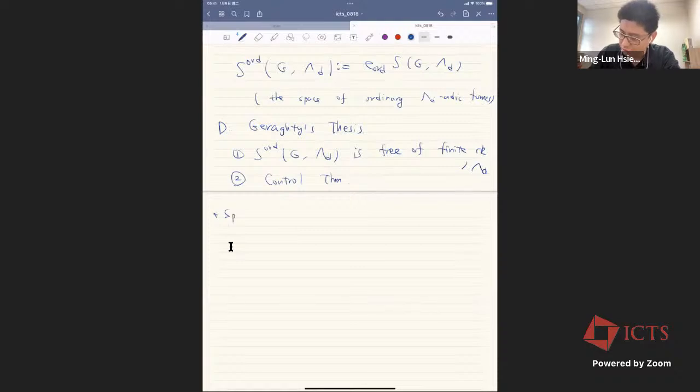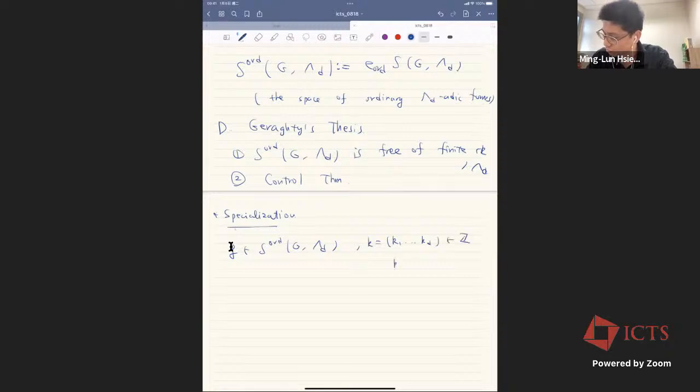we have specialization. Namely, given F inside this space, and K is the D-tuple in Z, K1 through KD, then we can consider its specialization.